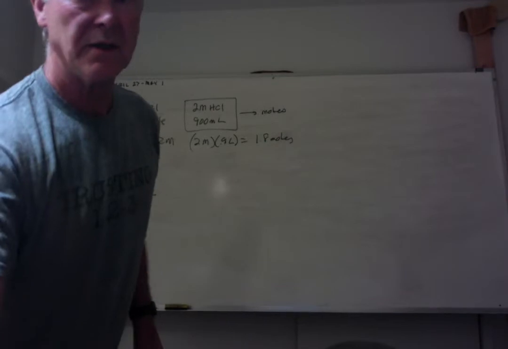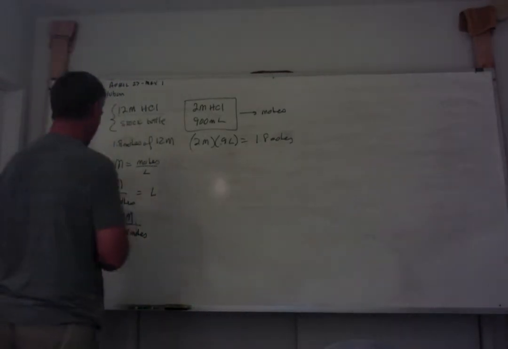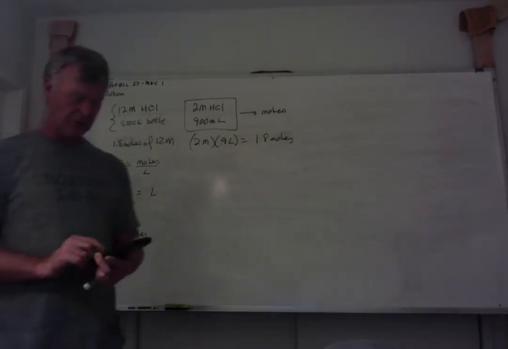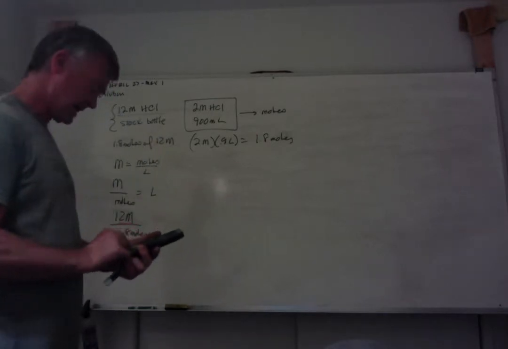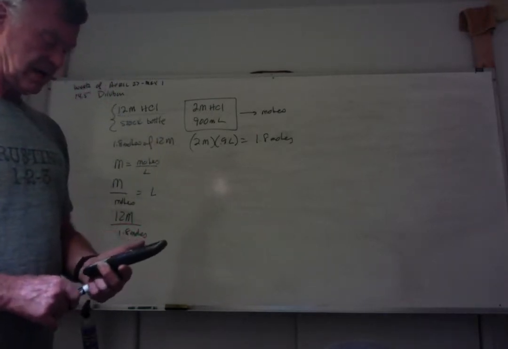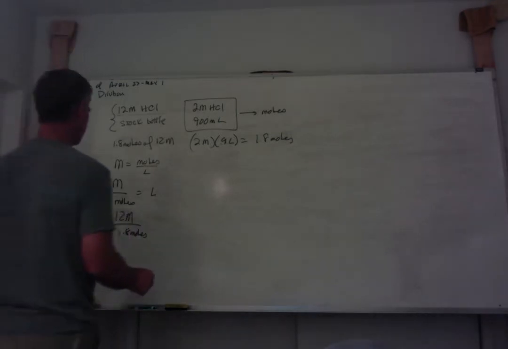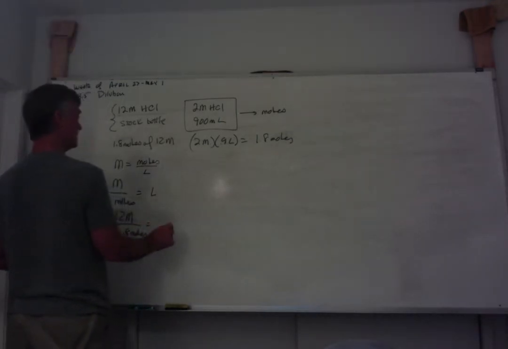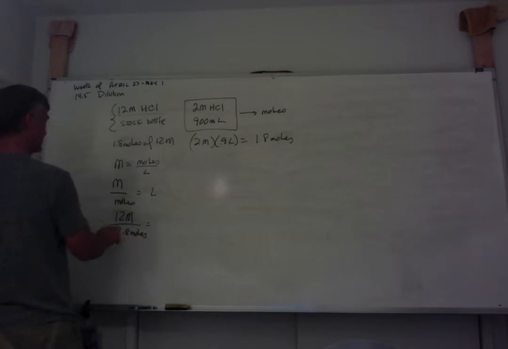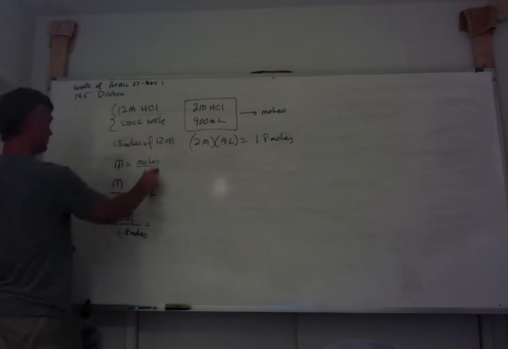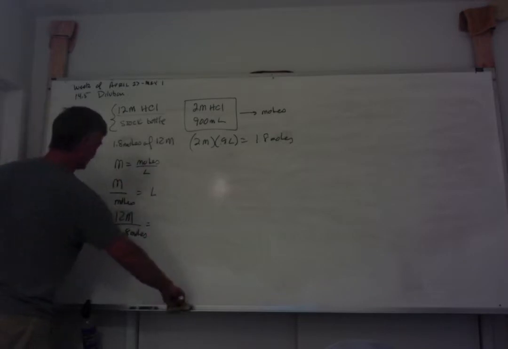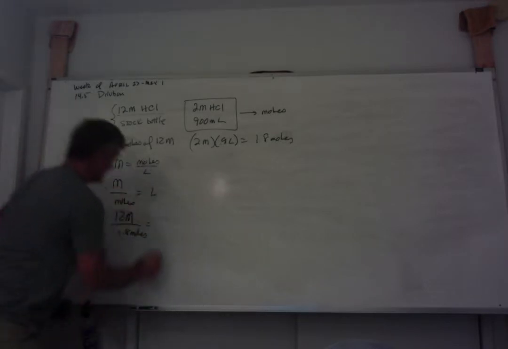And what I need is 12 divided by 1.8. I need 6.6. Now something's not right here. Molarity is moles divided by liters. Oh, I got it backwards. I'm sorry.